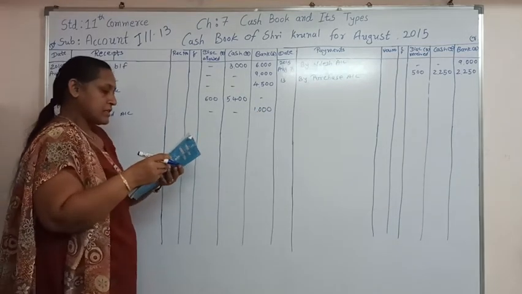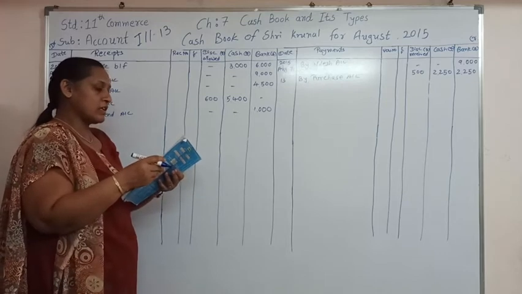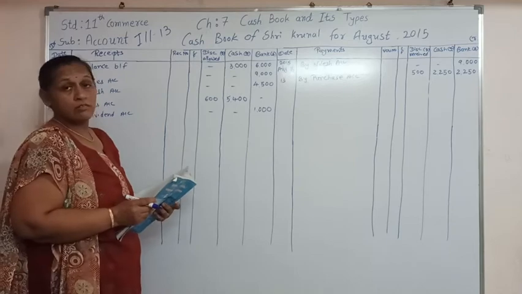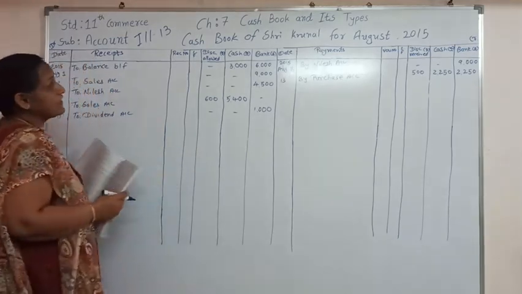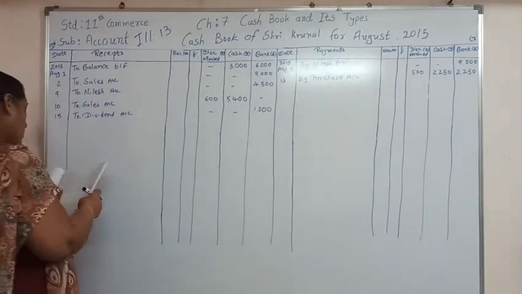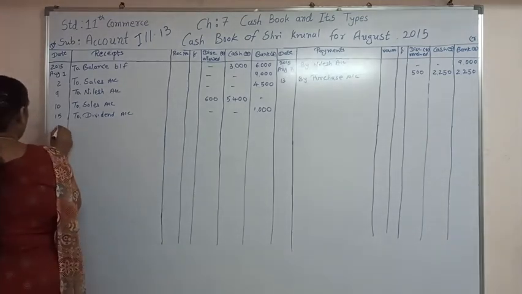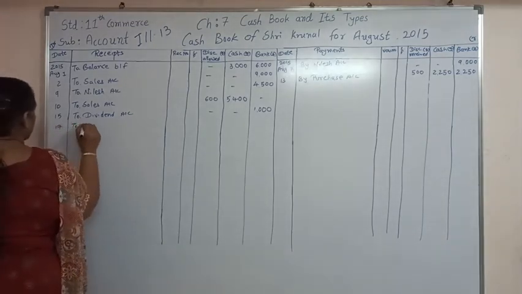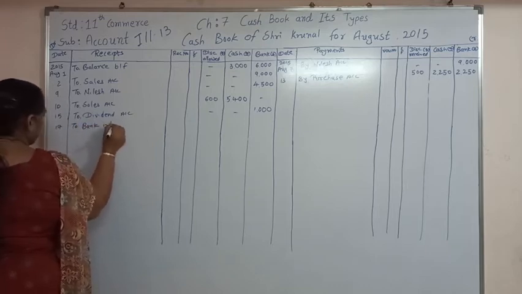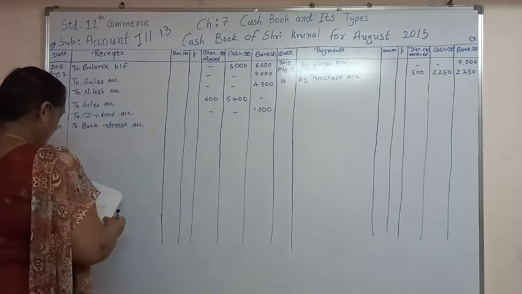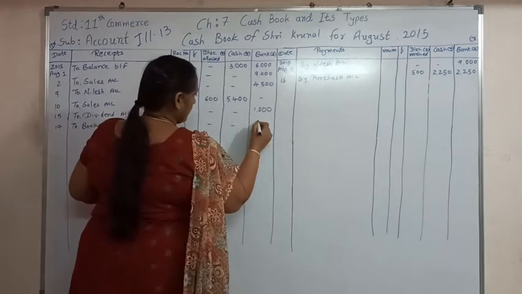On date number 17, the bank has credited 100 towards bank interest in our account. So that is also our income and will be debited to the cash book. So for that, on date number 17, to bank interest account, and the amount will be 100.